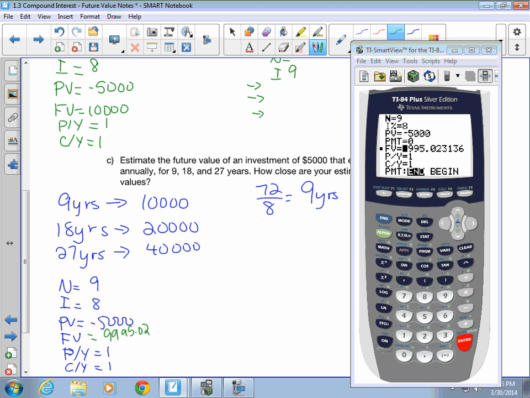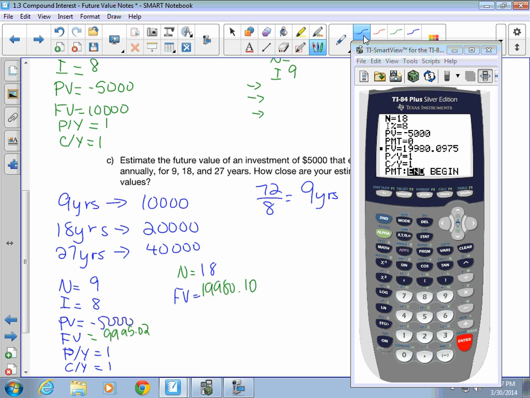So let's check to see if in 18 years we have $20,000 like it says here. Everything is going to be the same except our N is 18. So go back to future value, alpha, enter, and we get $19,980.10.